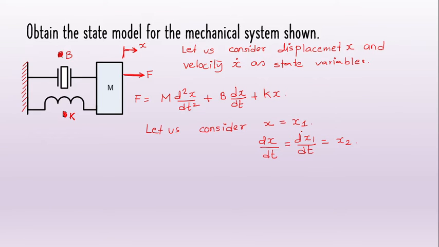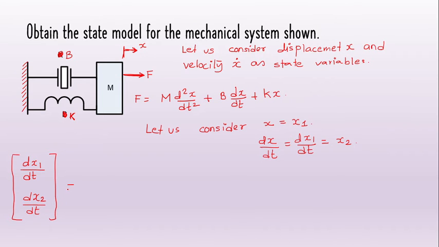Now we have to write this in the form of state equation. If I have two state variables, my expression for the state equation will be dx1 by dt and dx2 by dt, that is my x1 dot and x2 dot.